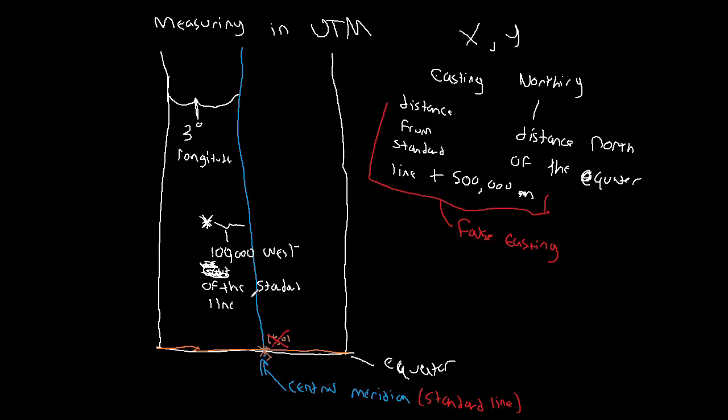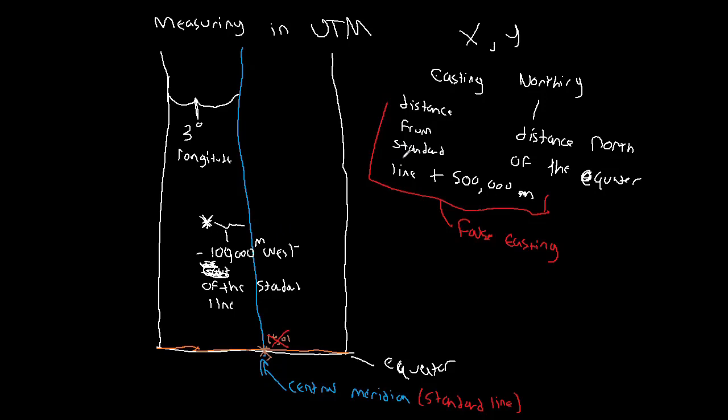Just like we said with the prime meridian, when we were talking about the basic case of generating coordinates, when you're west of something, you're negative, right? So the true easting of this, in the sense of measured from the standard line, would be negative 100,000 meters, right?